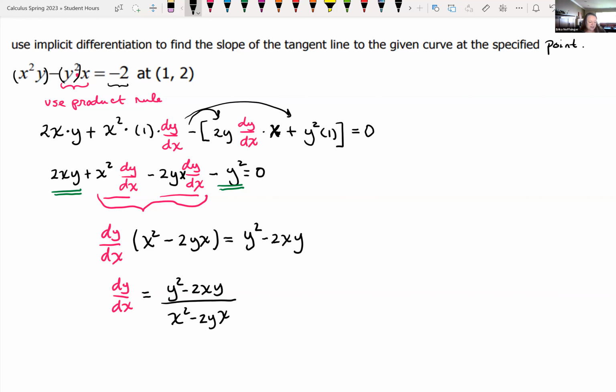Okay, so that is giving us the slope of the tangent line anywhere, but now we have the value where we want it, at this point (1, 2). So we're looking at when x is equal to 1, and when y is equal to 2, and we're plugging those values in wherever we see x and y.